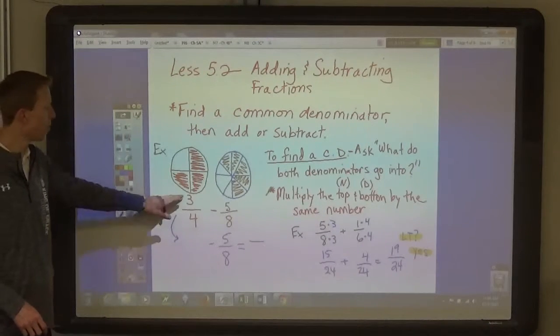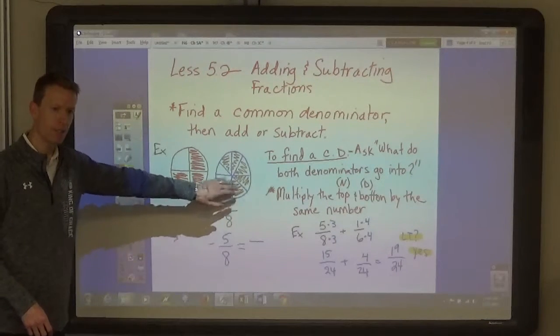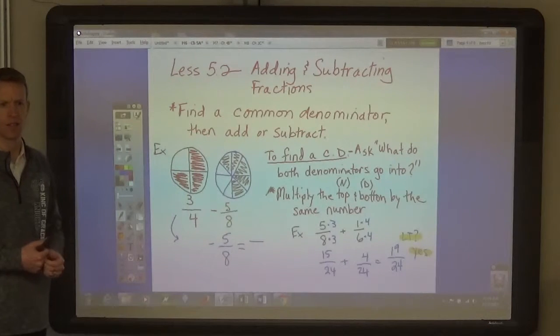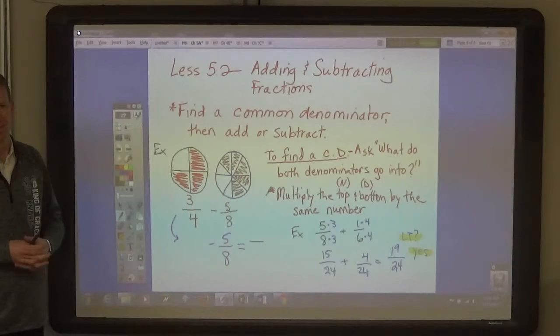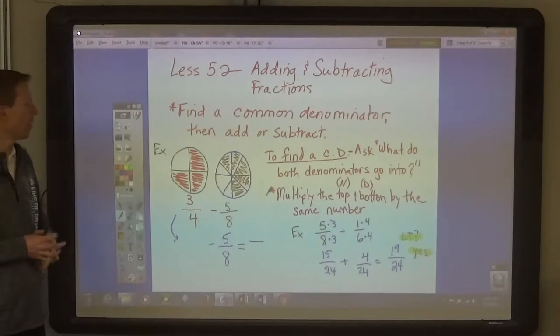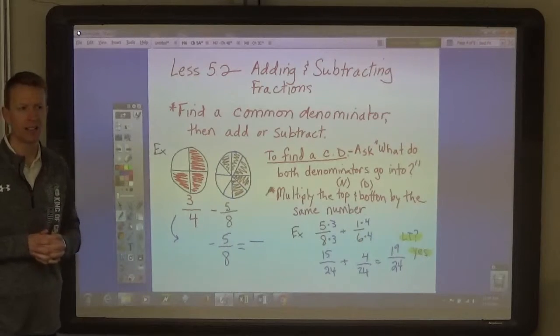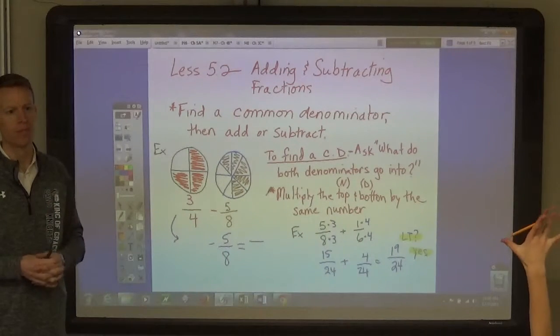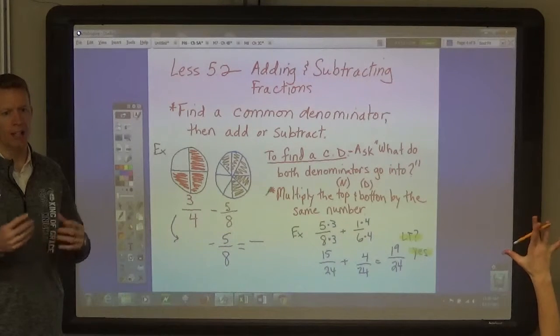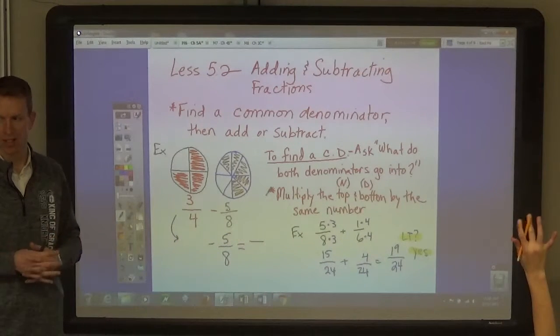So, can you do 3/4 minus 5/8 the way this is? If you find a denominator the same. Yeah, what are we doing when we're finding the same denominator? We're multiplying, but what are we actually doing with the fraction?